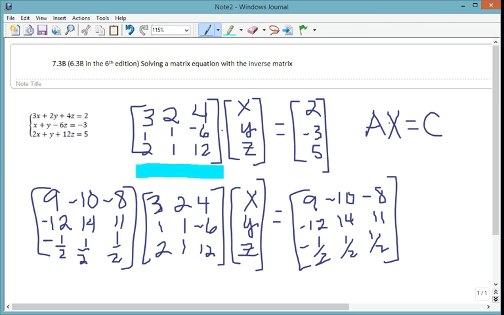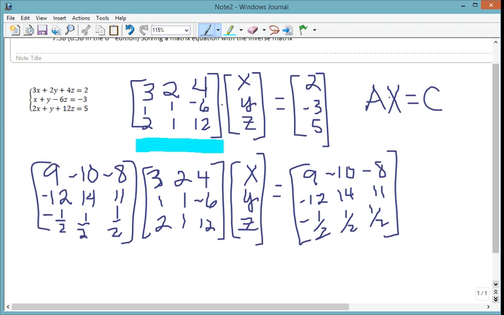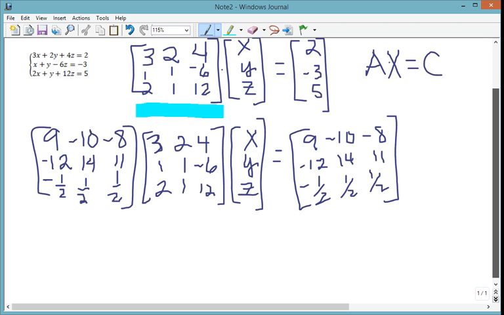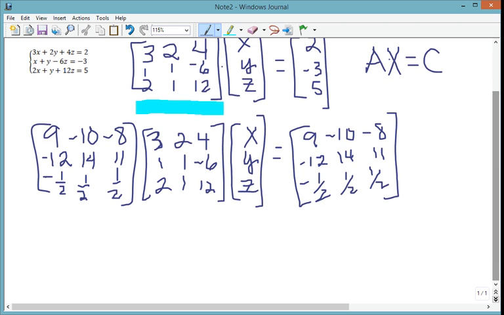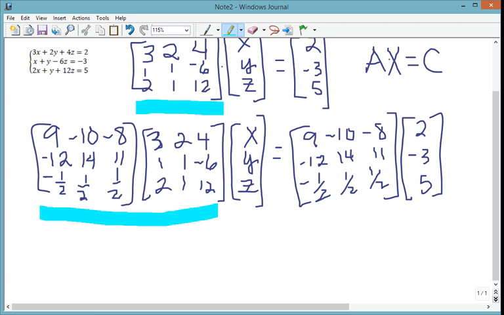Okay, so here we have, oh, I forgot the one I'm multiplying it by. Okay, so these two, I don't really have to do this multiplication out if I know for sure this is the inverse. I know it will give me the identity.